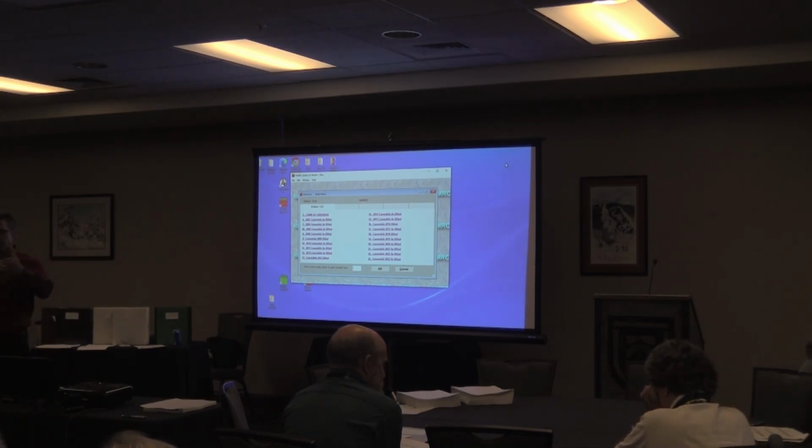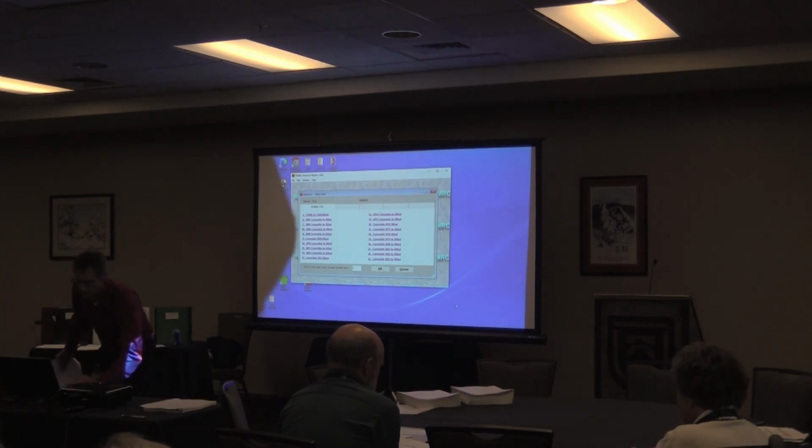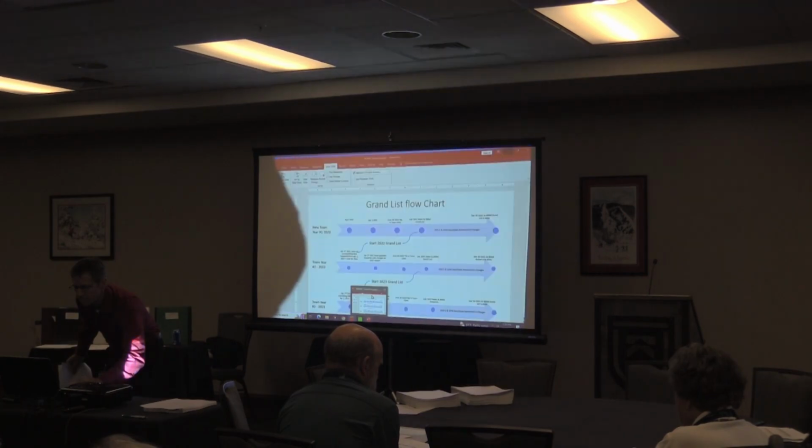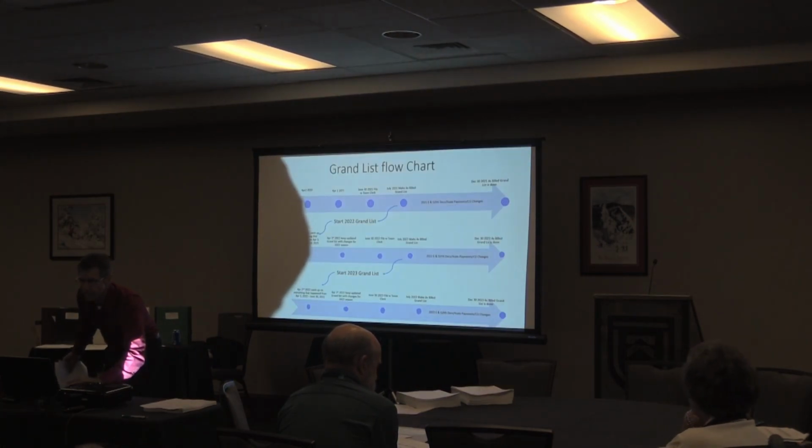At some points in time of the year, you're keeping track of two grand lists for two very different reasons. And I'm trying to spell that out in this first handout right here. I'm not a real big PowerPoint person, but I'll bring this up here.